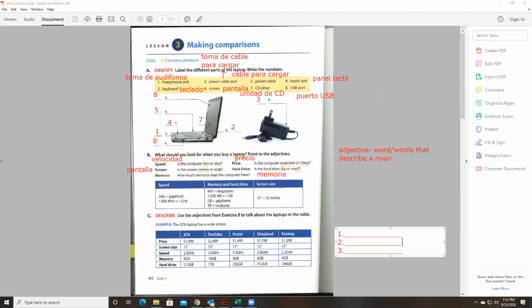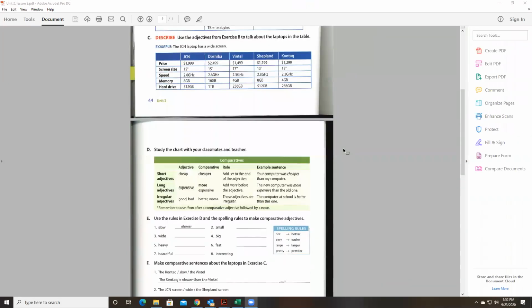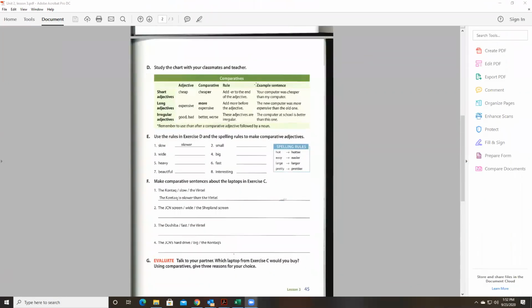Okay, now let's go ahead and look at D. Remember we talked about comparatives and superlatives, right? We've already done this. Now we're going to focus on only comparatives for right now.